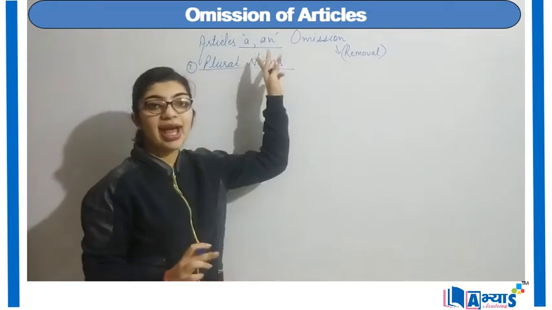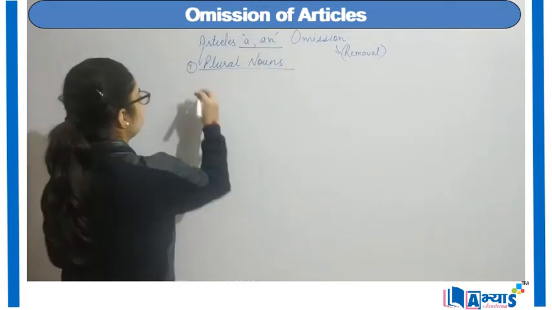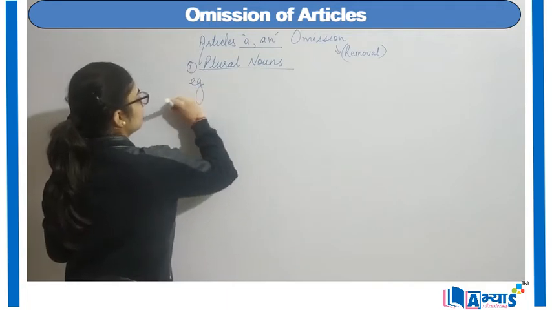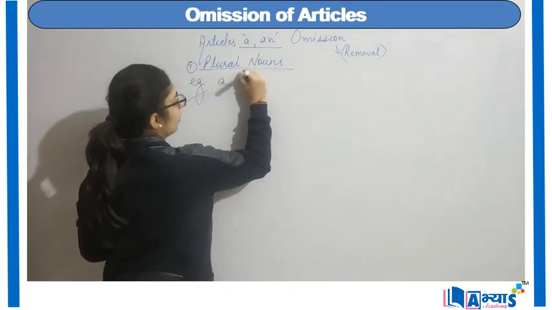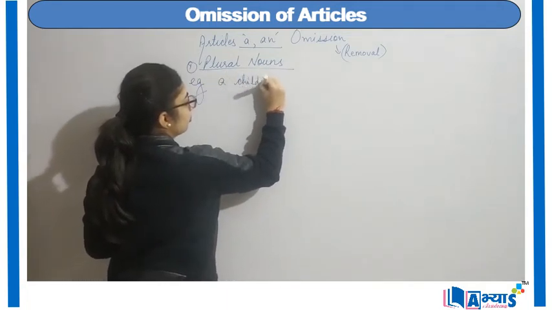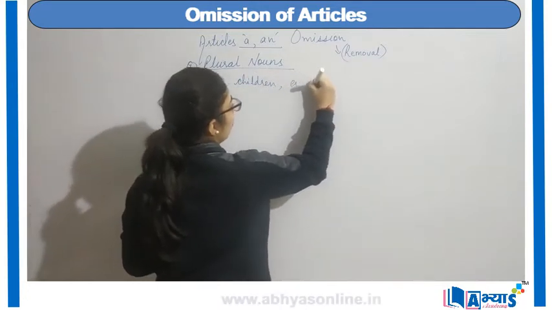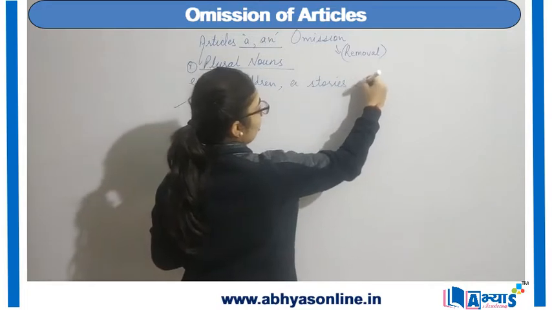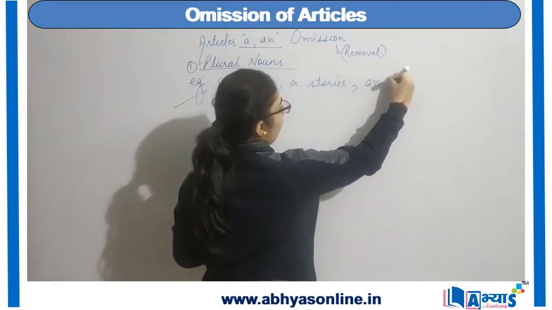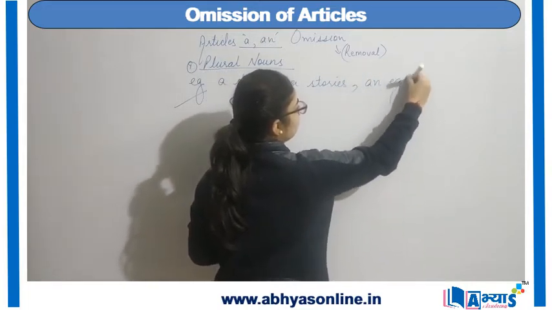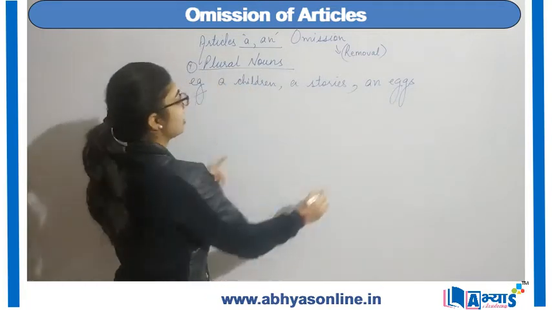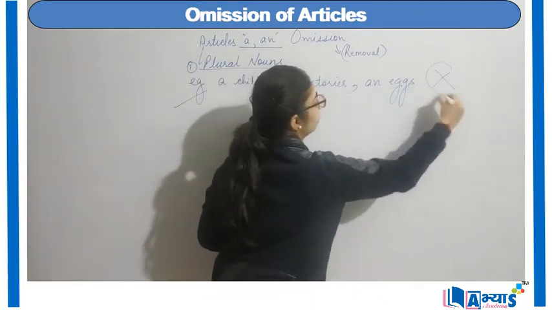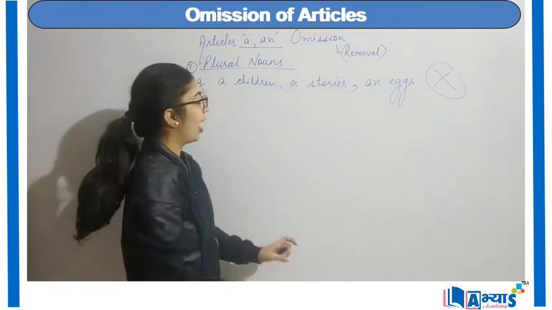Articles a and an. Example: a children, a stories, an eggs. All these are wrong. Why?